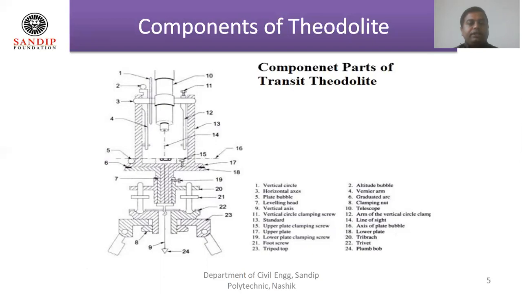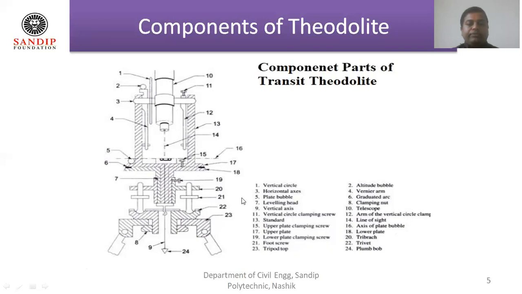Next is standard. See here, this arm is called as standard. Next is line of sight. So the line of sight is exactly parallel to the axis of telescope.